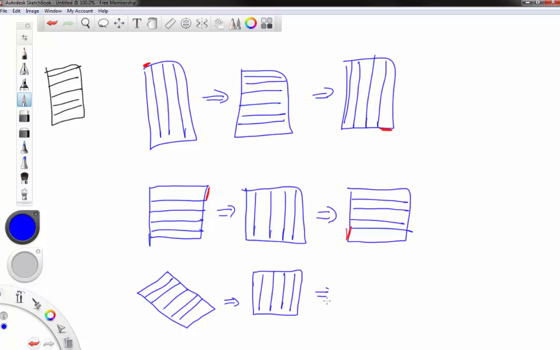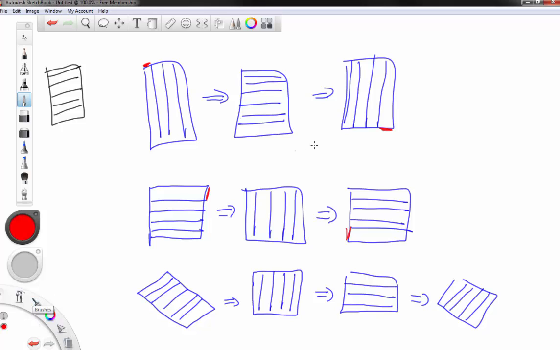Then after another 90 degrees, you can rotate it to be like this, and then after another 90 degrees you are back to where you started, which was basically like this.